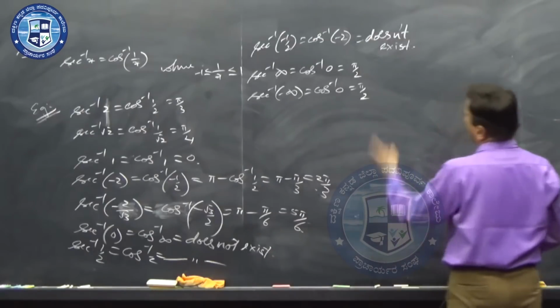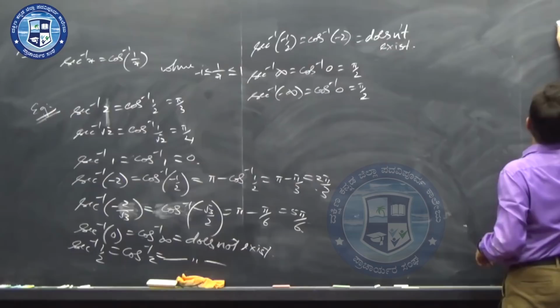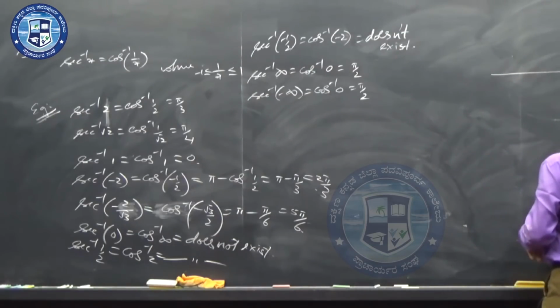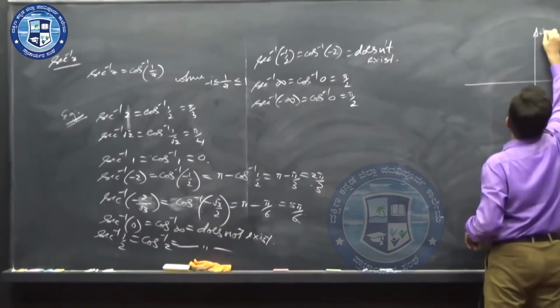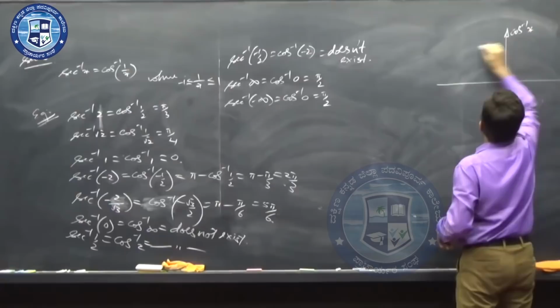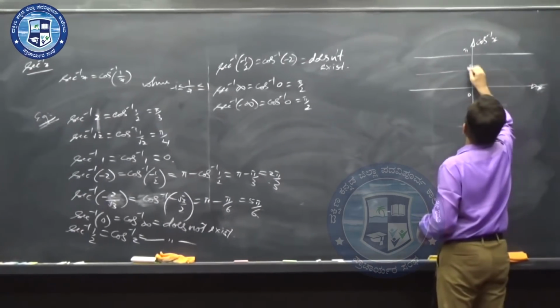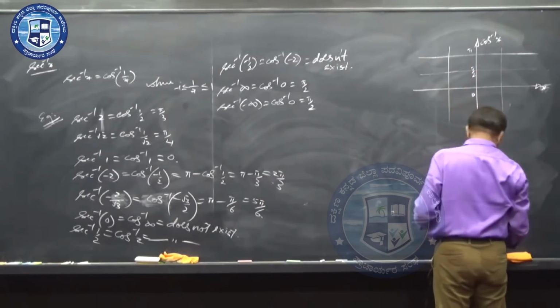Now, before drawing the graph of secant inverse, let us draw the graph of cos inverse. Look at this. This is x, and this is cos inverse x. You know very well the cos inverse x graph. This is between 0 and pi, and this is pi by 2, and this is x equals 1, x equals minus 1.